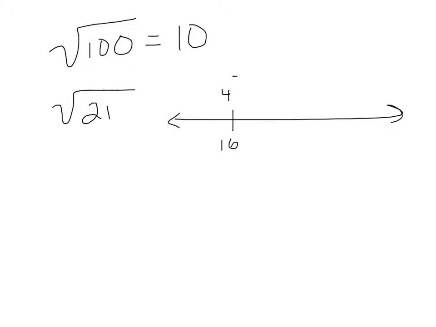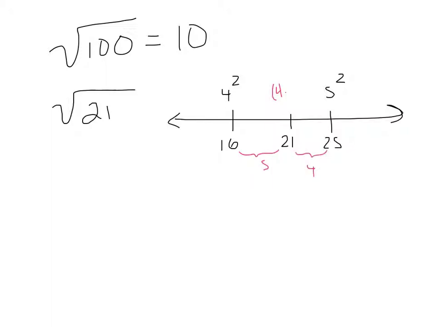4 squared gives me 16. 5 squared would give me 25. If I think about 21, 21 falls right in the middle of these. It's 5 values away from 16 and 4 away from 25.